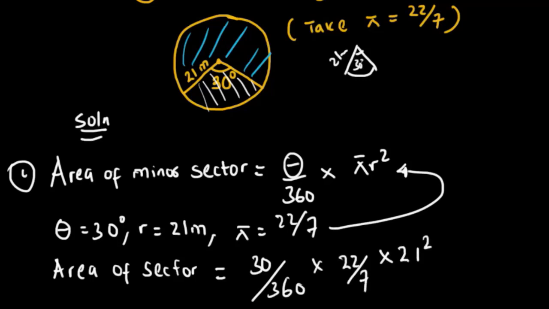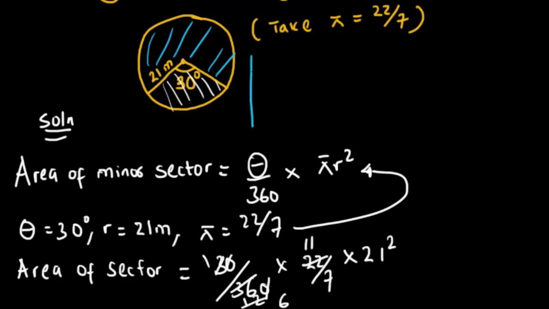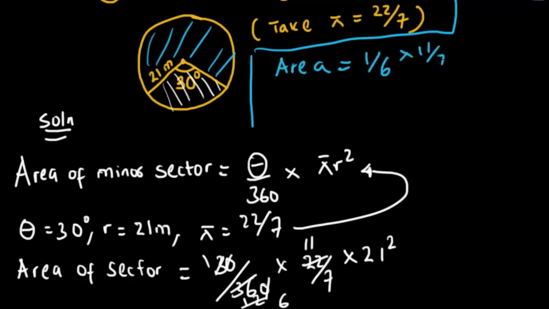Does that make sense? 0 cancels 0, 3 here 1, 3 in 3 is 1, 3 in 6 is 2, 2 in 12 is 6, 2 in 22 is 11. So I'm left with, let me do it somewhere on top. So we have area equals to, I've got 1/6 times 11/7. 21 squared is 21 times 21.